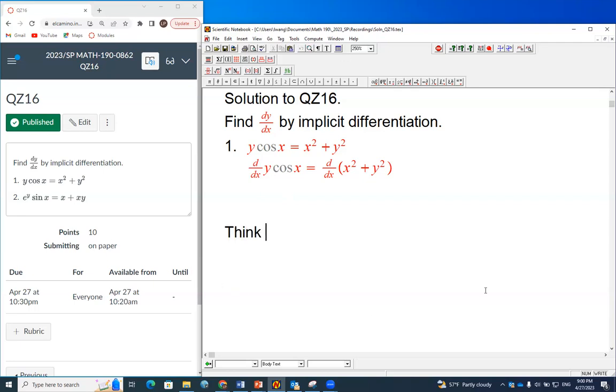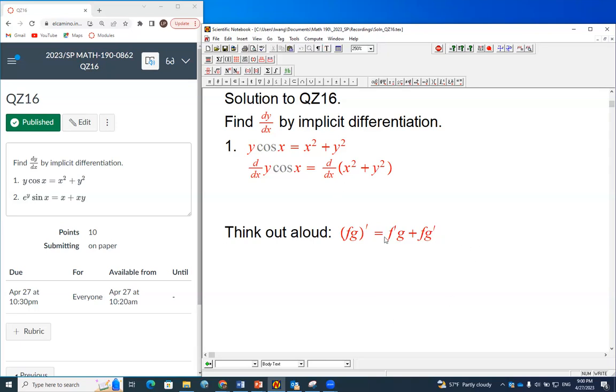We know product rule, right? So think out loud. Product rule, we have derivative of f times g equals f prime g plus f g prime, right?